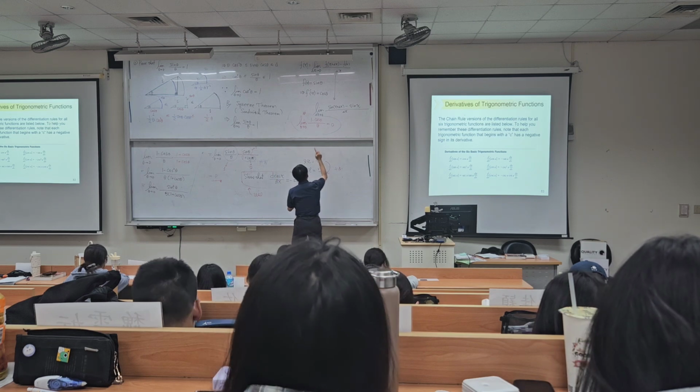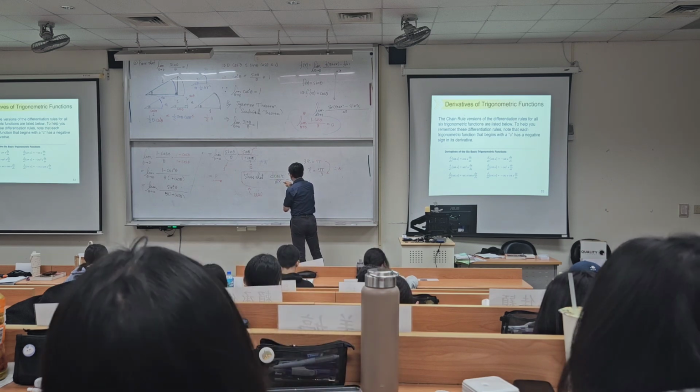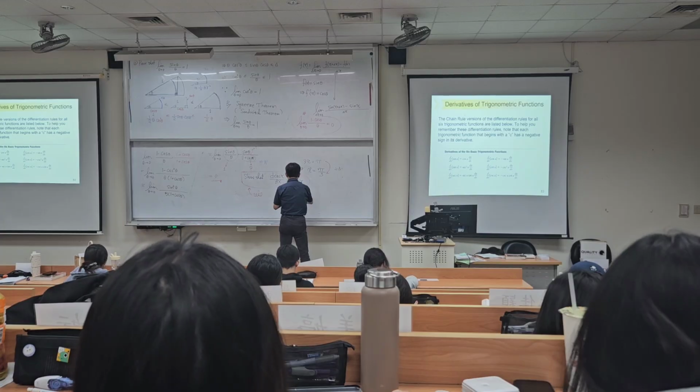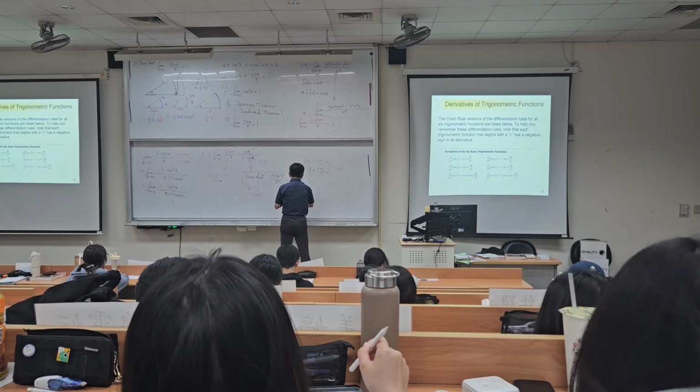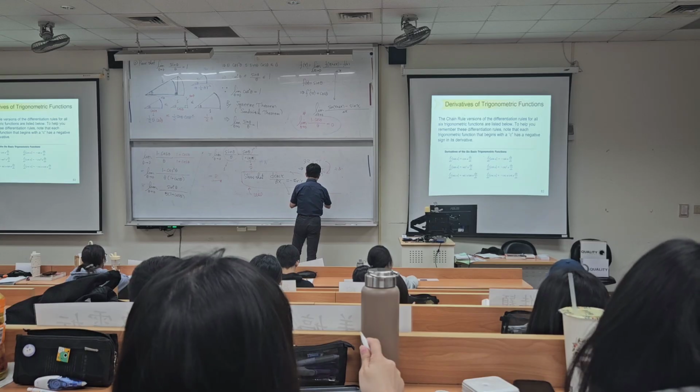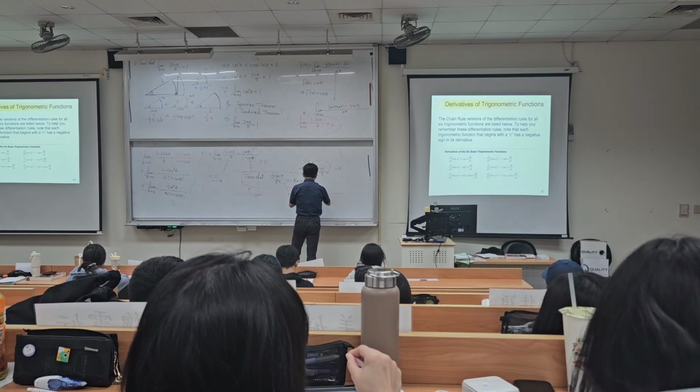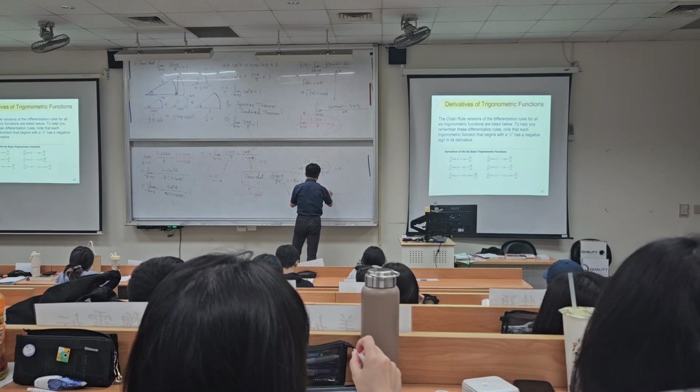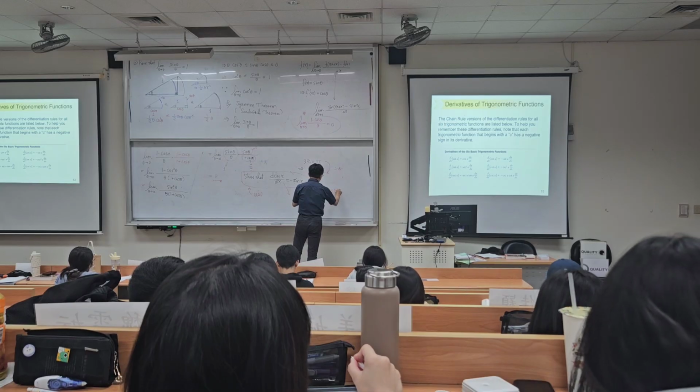So you will have this equal to the limit as delta x approaches 0 of 1 over delta x times cosine of x plus delta x minus cosine x.